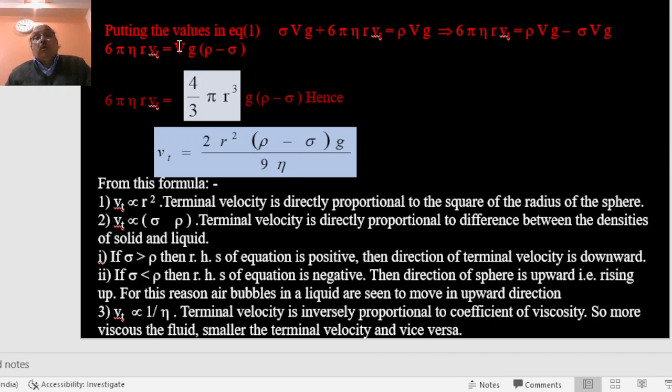V is the volume of the object. Let us consider it is a sphere, a spherical object. Then we may write the volume as 4/3 pi r cubed. That is the volume of a sphere. Then we are able to find out the terminal velocity.